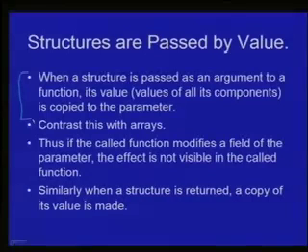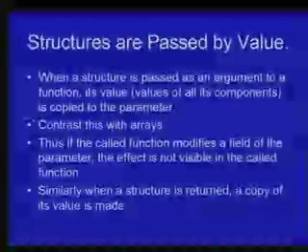So the values of all its fields are copied to the corresponding spaces in the parameter. And this is different than for arrays. For arrays, as you know, when you pass an array, what is actually getting passed is just the starting address of the array and not the values of the elements of the array.